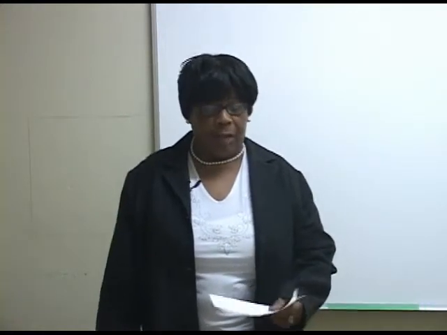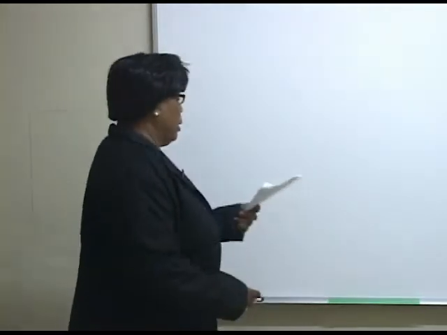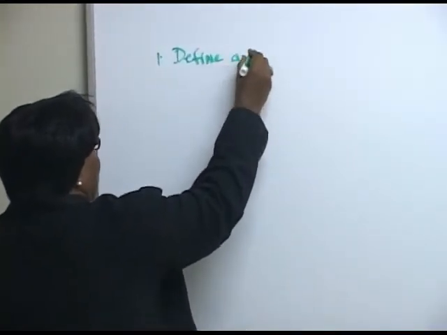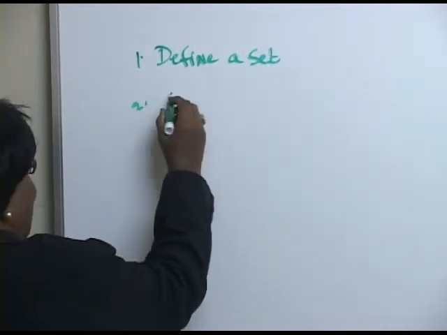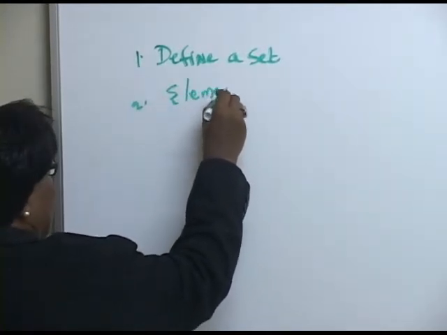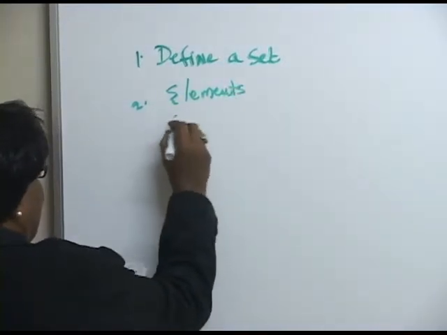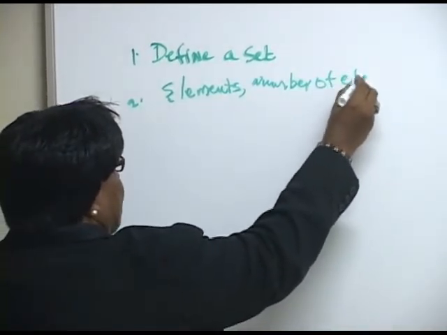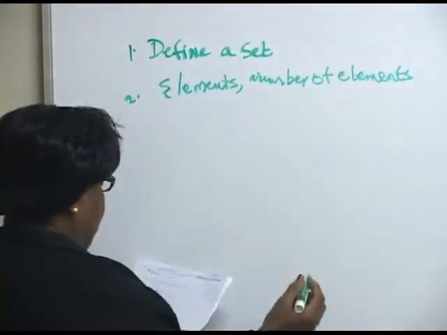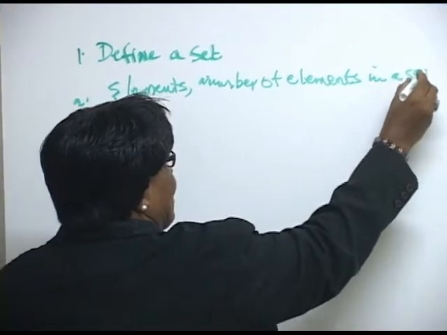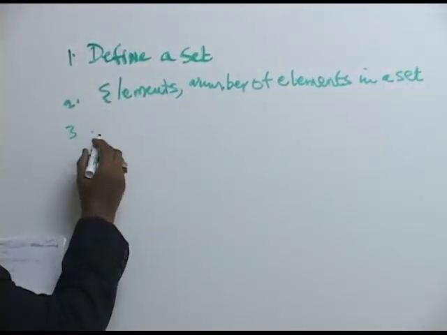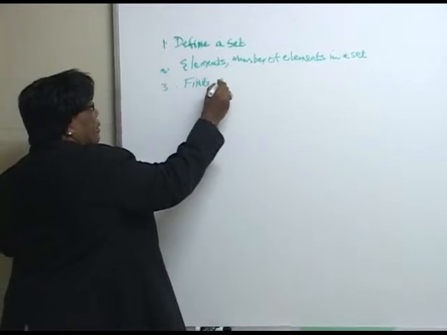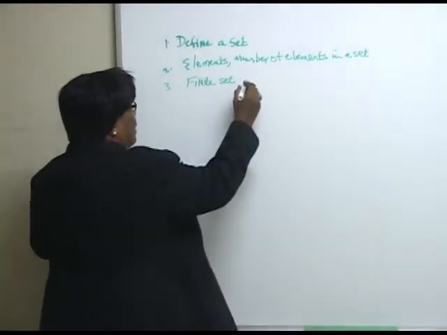At the end of this session, you will know how to: 1, define a set; 2, the elements, what is an element, and also how to find the number of elements in a set; and 3, what is a finite set and an infinite set.